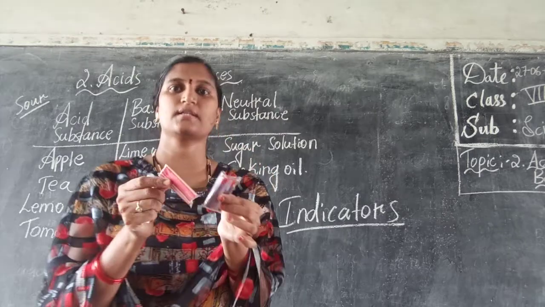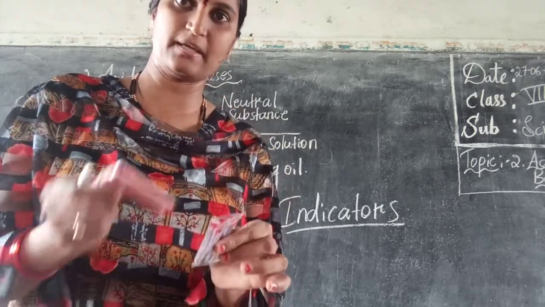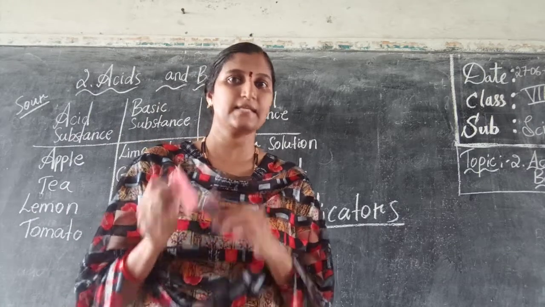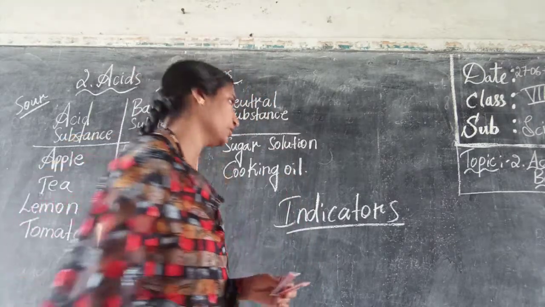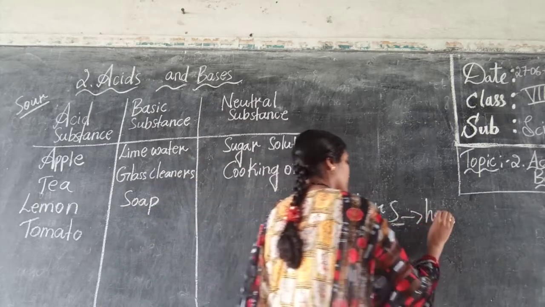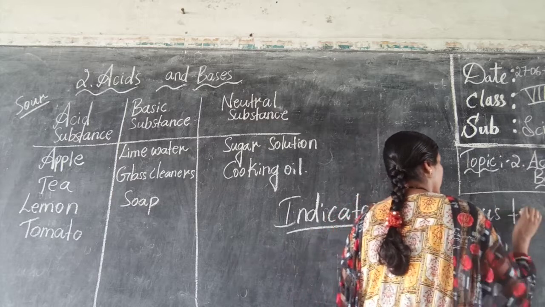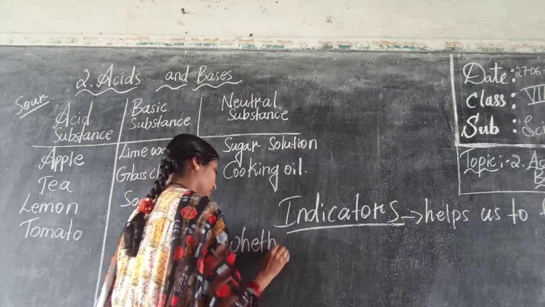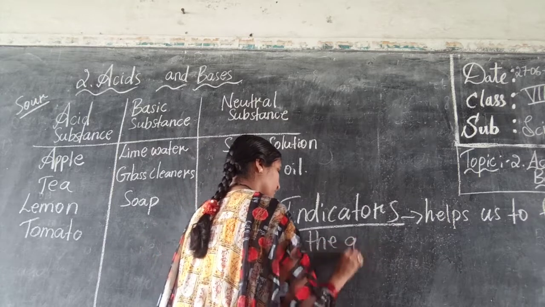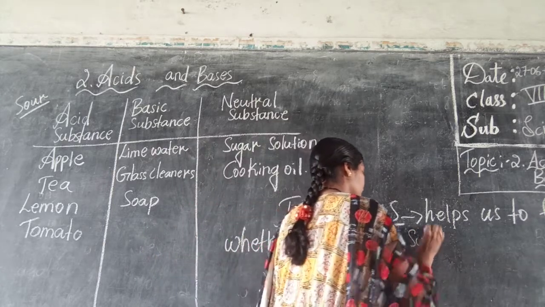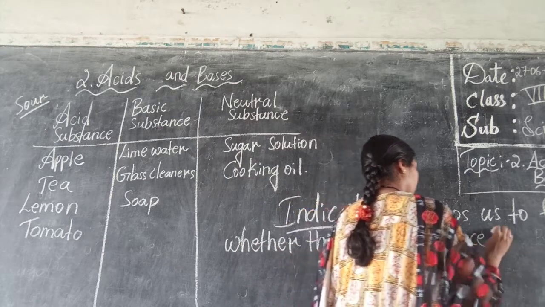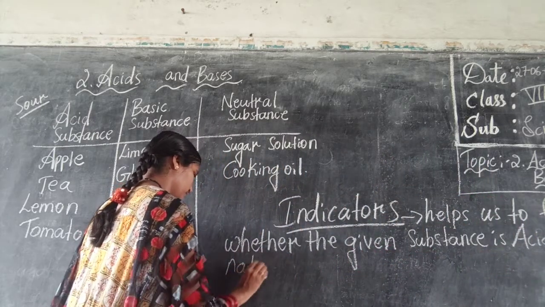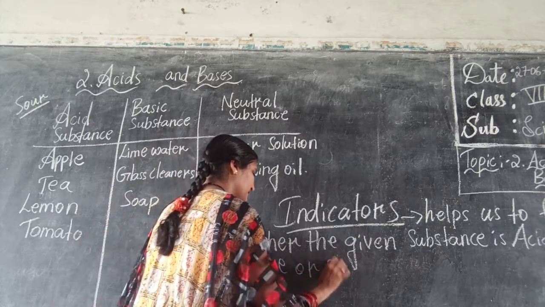These indicators help us find whether the given substance is acid in nature or basic in nature.